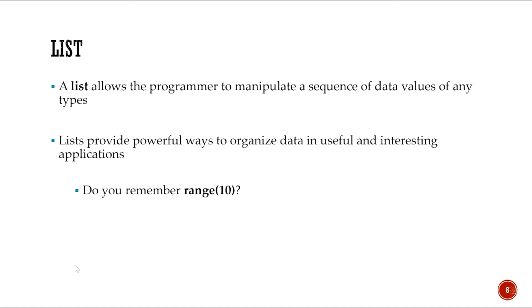We have seen lists before, and that's the question here. Do you remember range(10)? This function generates a sequence of numbers by default starting from 0 all the way through 10. That's a sequence of numbers, and this is a list of numbers.